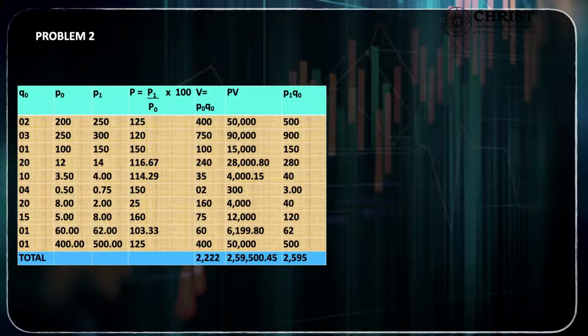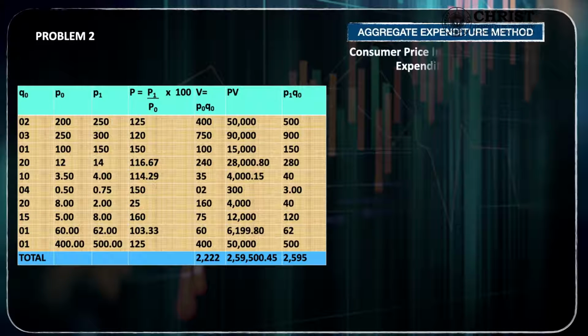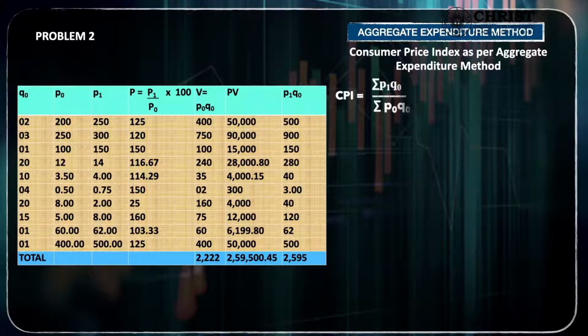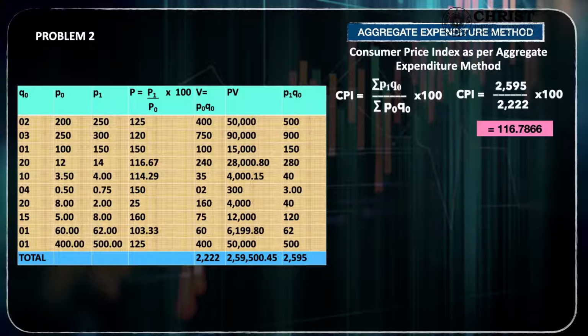So in the aggregate expenditure method, consumer price index is sigma P1 Q0 divided by sigma P0 Q0 into 100. When you substitute the values in the equation, CPI is equal to 2595 divided by 2222 into 100, that is 116.7866.